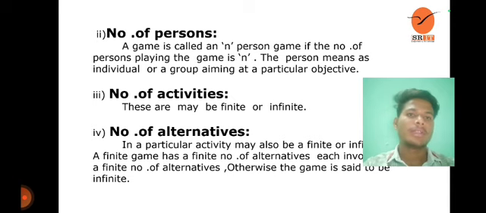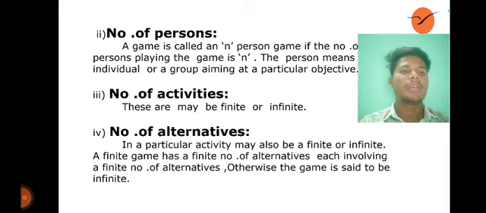Number of activities: these may be finite or infinite. Number of alternatives in a particular activity may also be finite or infinite. A finite game has a finite number of activities, each involving a finite number of alternatives, otherwise the game is said to be infinite.